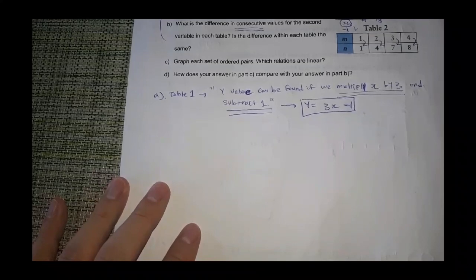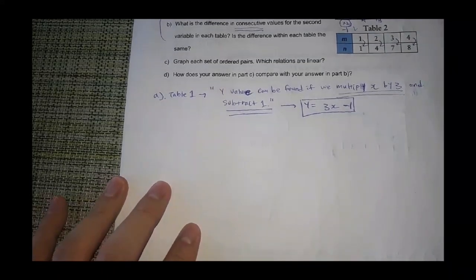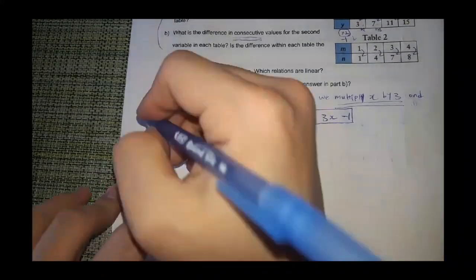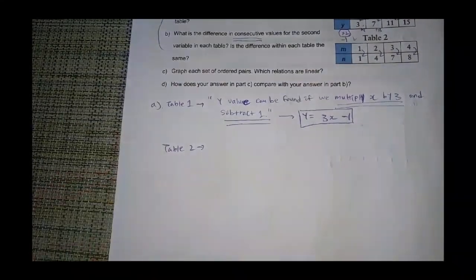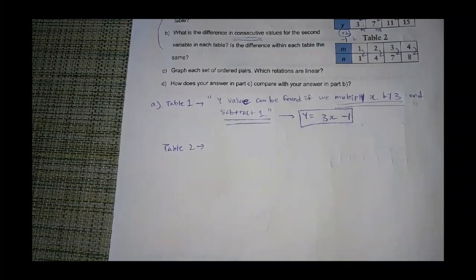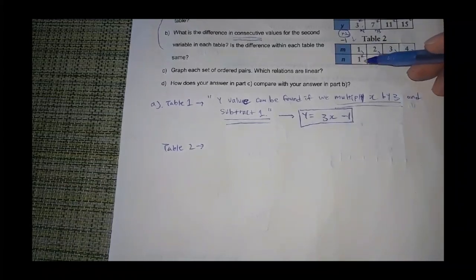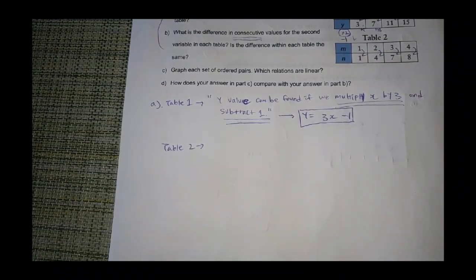Like I said, today's lesson is a little heavy because it does involve multiple thinking. What about table 2? Now let's think. 1 to 1. There's nothing happening here, right?